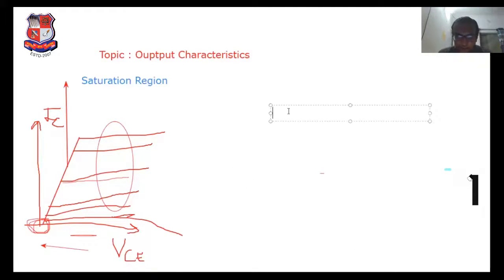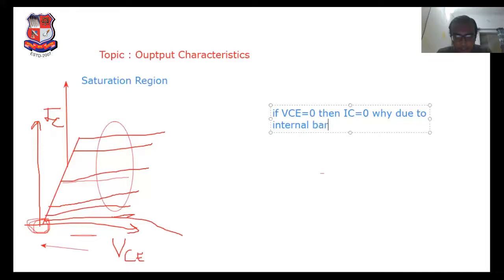If VCE equal to 0, then IC equal to 0. Why? Due to internal barrier potential, which attracts the electron.